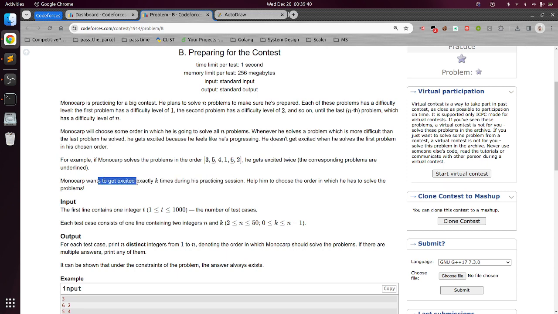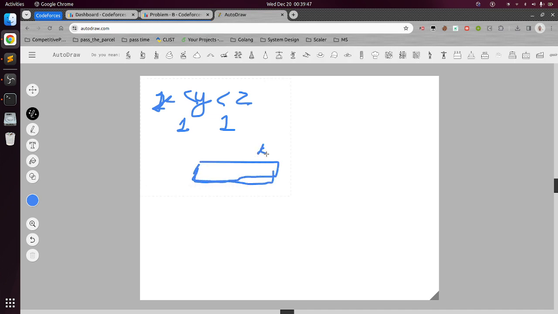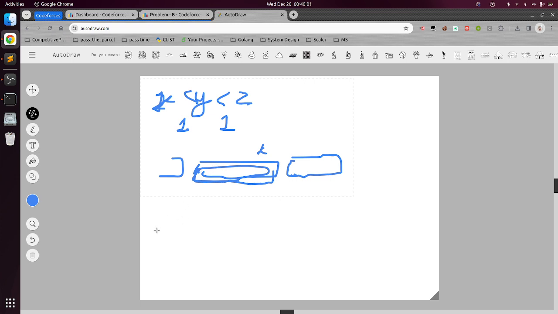In the practice session you want to get excited, so basically you want a subarray that is increasing. Try to reduce the problem in those terms. The rest should never be increasing, it should be completely decreasing. So you should have all the numbers decreasing here, then some increasing run, and then all the numbers decreasing again.